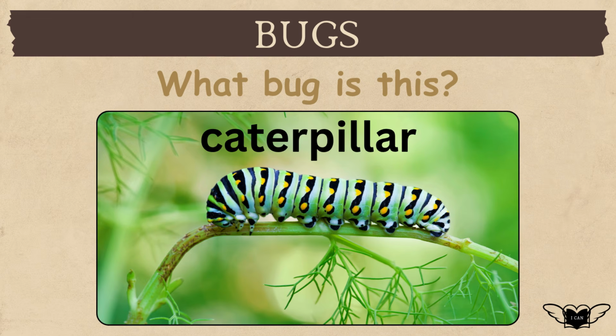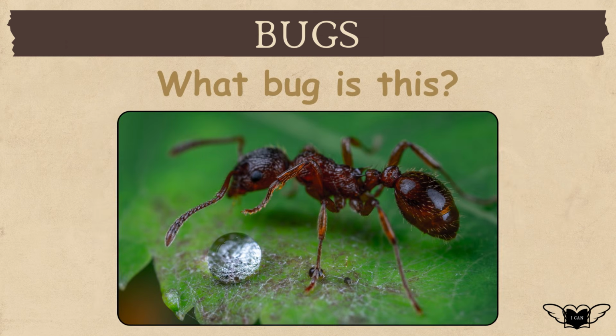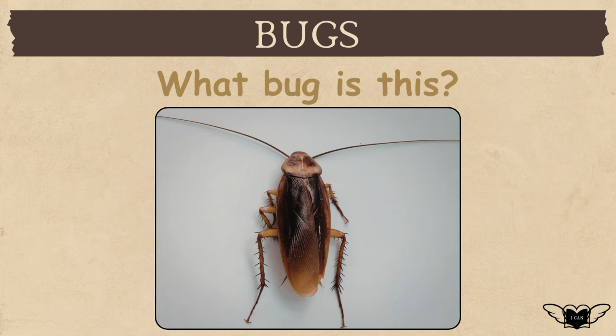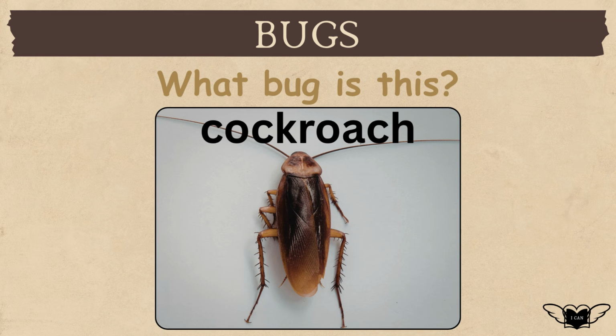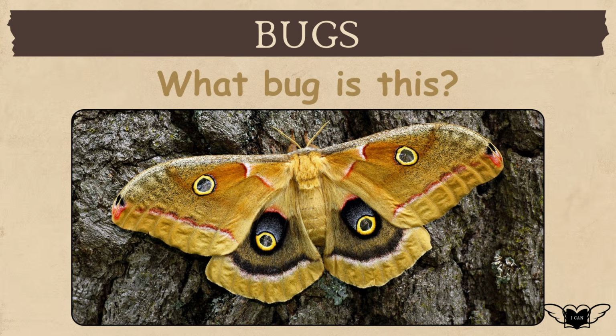Caterpillar. What bug is this? Ant. What bug is this? Cockroach. What bug is this? Moth.